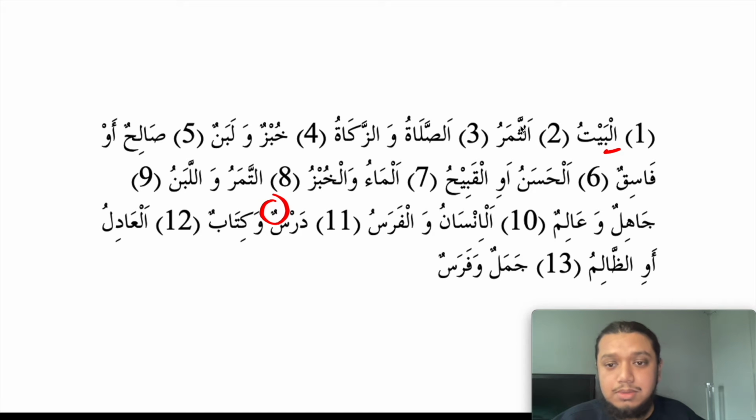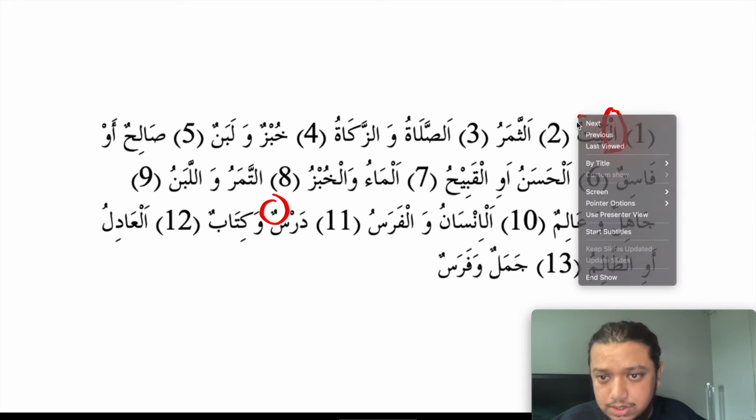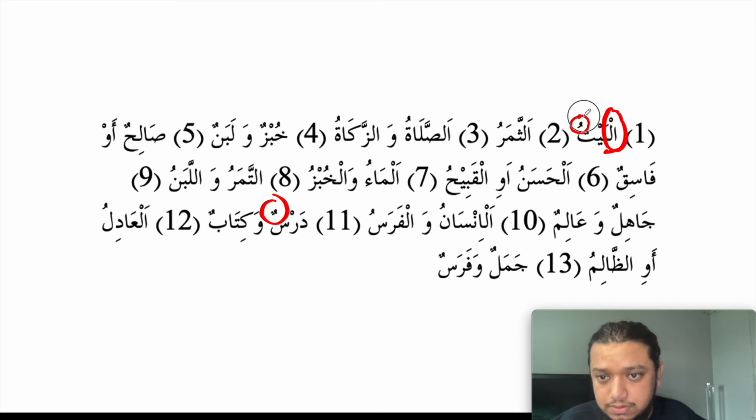Al-Baytu means the house. So as you can see here, it's got the alif lam. This means the tanween, which would have been on this word by default, has dropped. And because it has the alif lam, that's why I translated it as the house. If this alif lam was not here, the word would have been baytun.